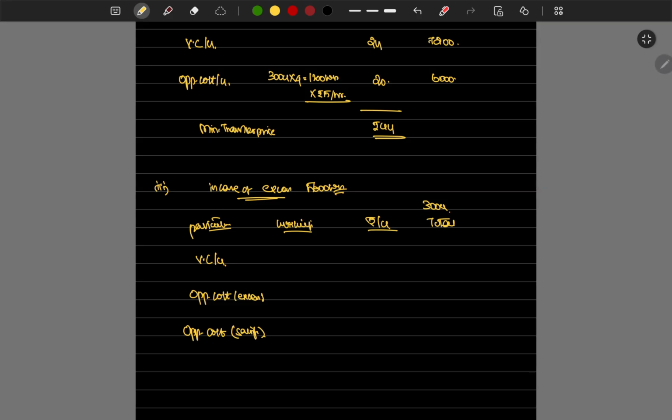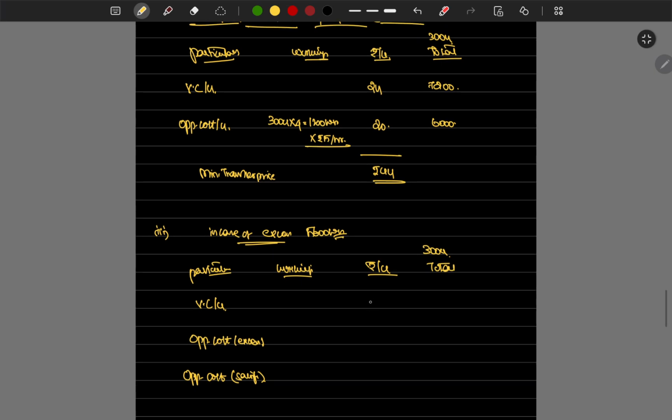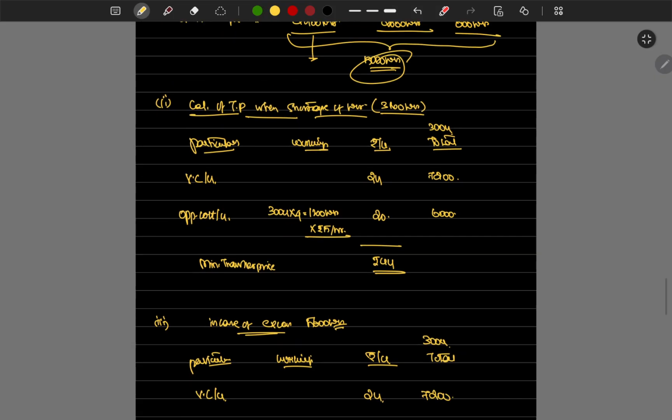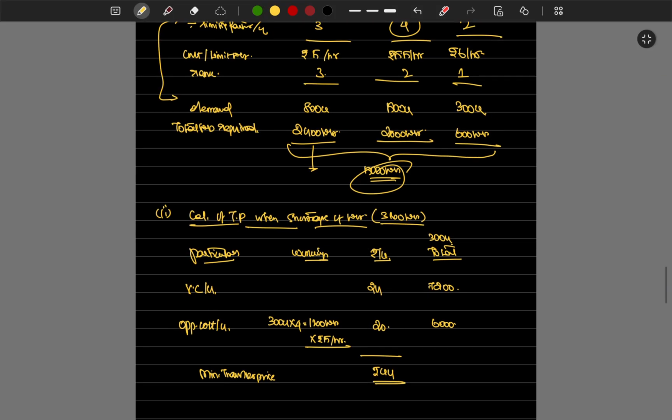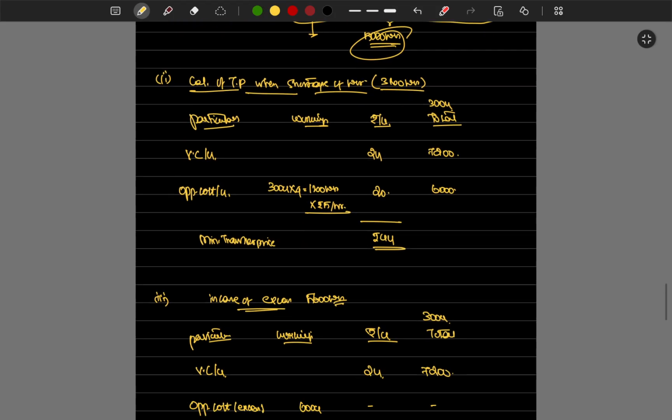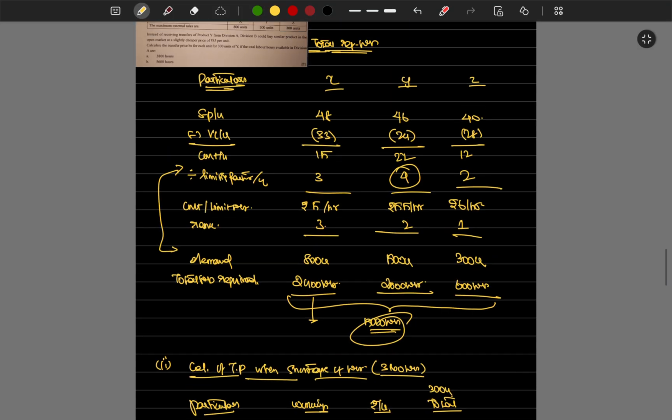Okay, so this will be the same 24 per unit. Variable cost doesn't change. So 7200. There is no opportunity cost for the extra 600 hours. But for the other 600 hours, we have to transfer from the least contribution giving product, which is A only.